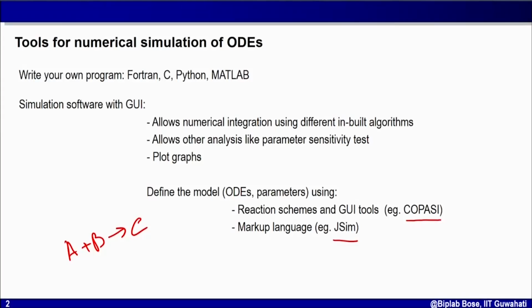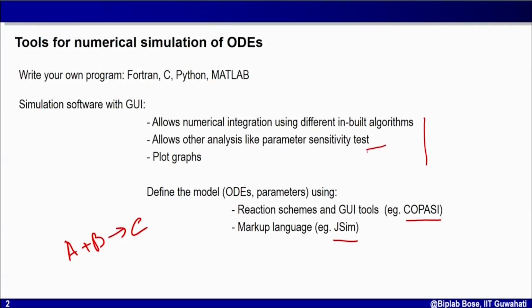Now, all of this software has certain advantages. Most of them have multiple algorithms available so that you can choose one of the algorithms based on your utility. They not only allow you to solve the ODE, but they also have certain other tools, for example, parameter estimation and parameter sensitivity analysis. We will not discuss those, but those tools are many a time very useful.